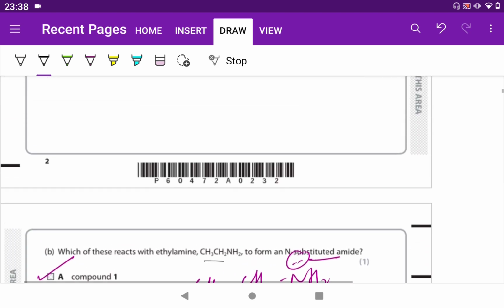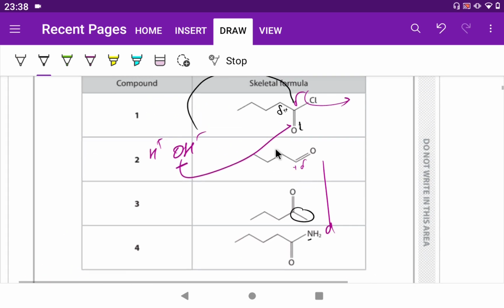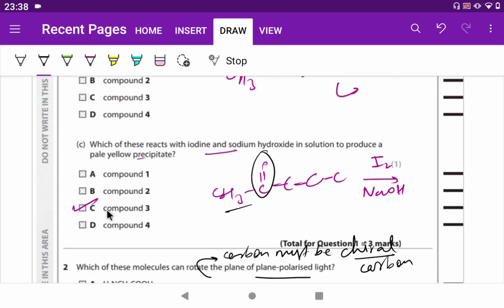So only option C has one methyl group on the C double bond O, otherwise none of them have this group. So compound C will show the positive iodoform test and make a pale yellow precipitate.